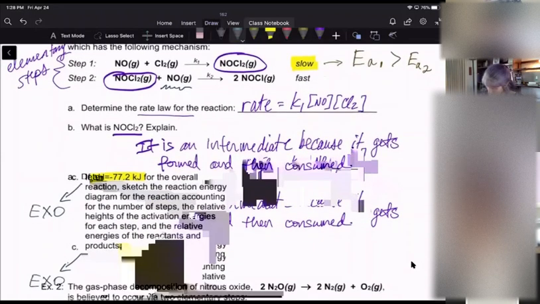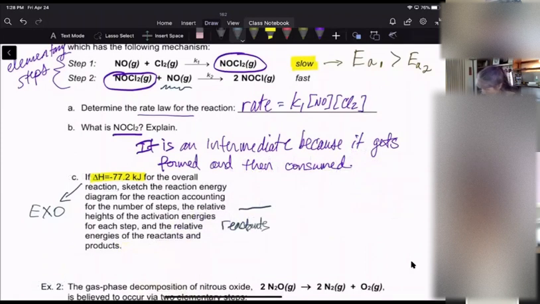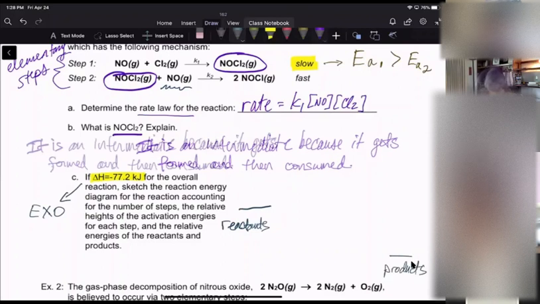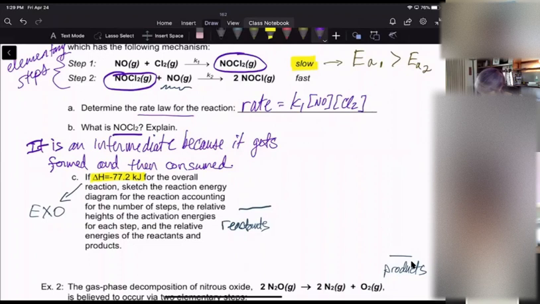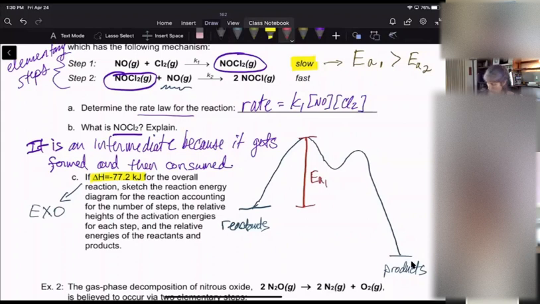Okay, so we have an exothermic reaction. So I'm going to put my reactants here. And then I'm going to put my products here. My first activation barrier has to be pretty high. So I'm going to just draw this way up here. And then there's some second one. For example, this right here will be EA1. And where's EA2? And where's the bottom line on that one? Yeah, so there's a little valley in there.